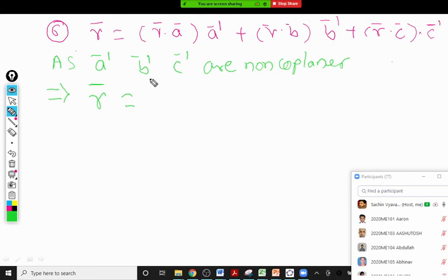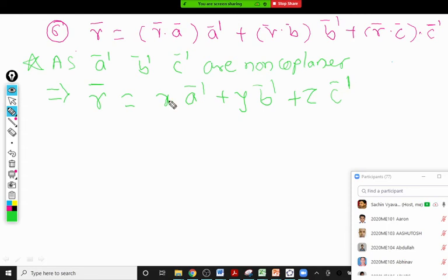This is the important thing you should know. So that is x a dash plus y b dash plus z c dash, where x, y, z are some scalars, they are numbers. This is the property you learned in 12th: given three non-coplanar vectors, any other vector can be represented as a linear combination of them.